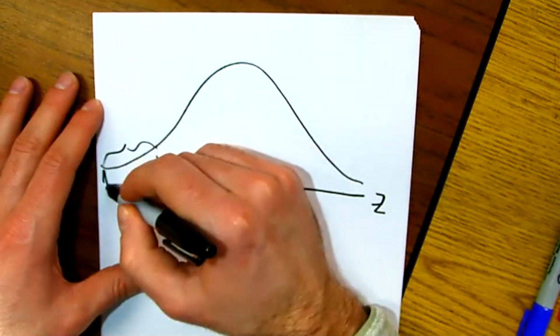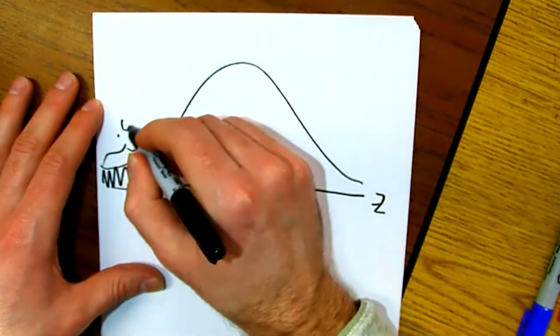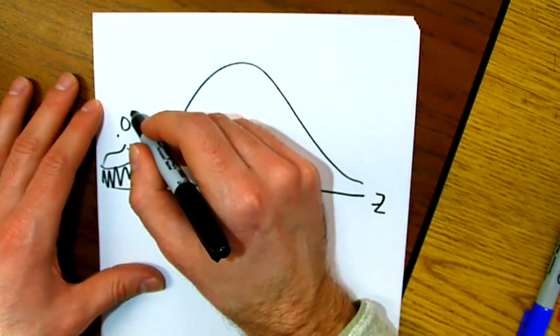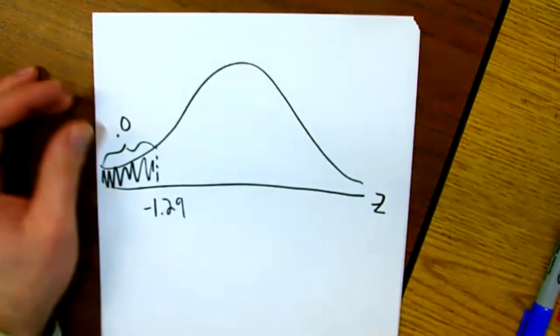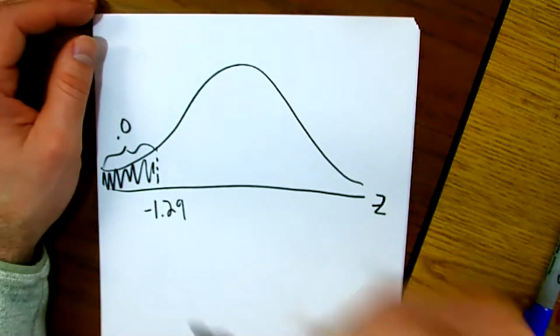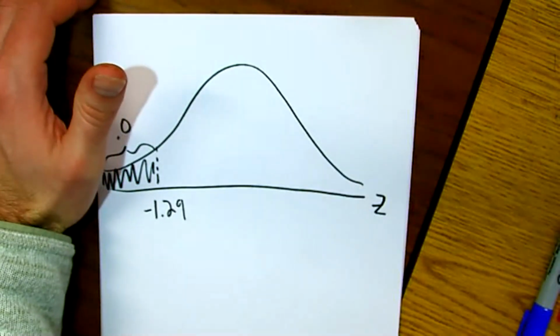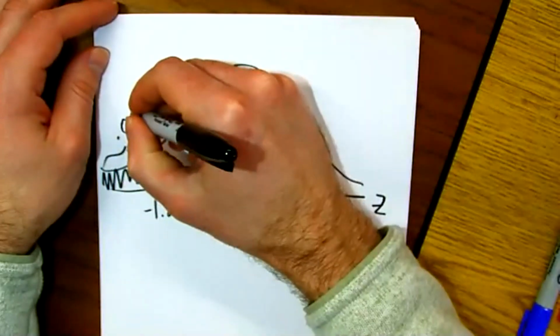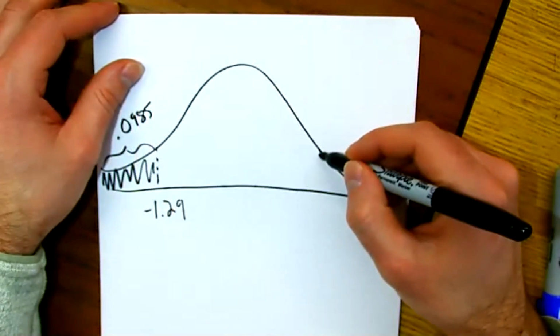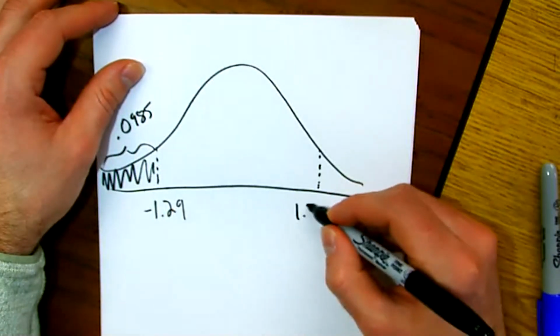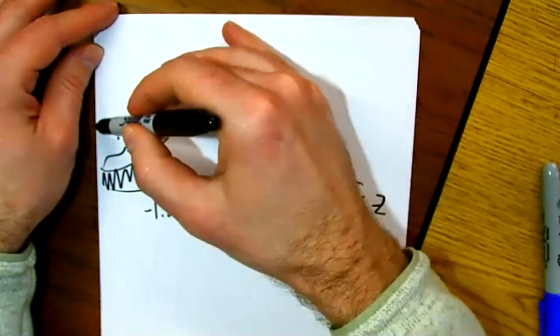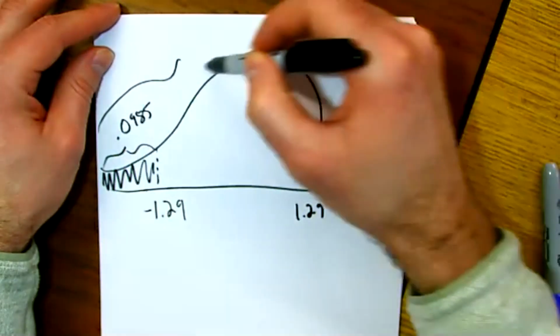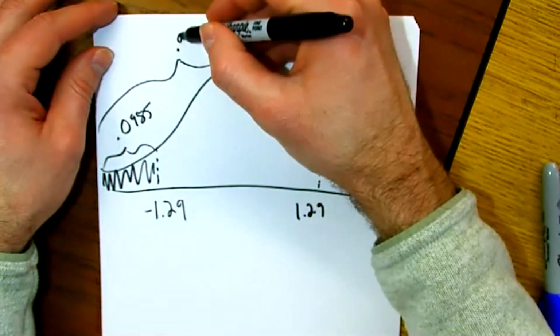And if we go back and look at what the table told us, I believe it's 0.0985. Let's double check. Negative 1.29, so yeah, 0.0985. And then if I think about the area to the left of positive 1.29, this total area was 0.9015.